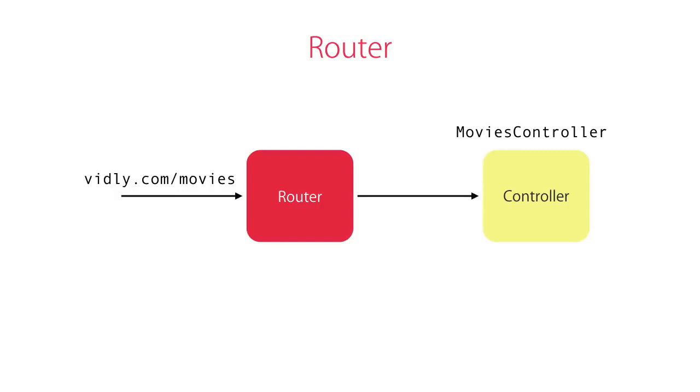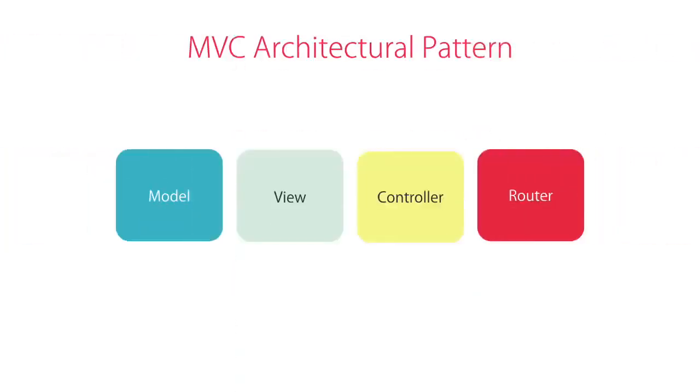More accurately, it should be handled by one of the methods of this class, because a class can have many different methods. In ASP NET MVC, we refer to methods of a controller as actions. So it's more accurate to say that an action in a controller is responsible for handling a request. So this was ASP NET MVC in 3 minutes.